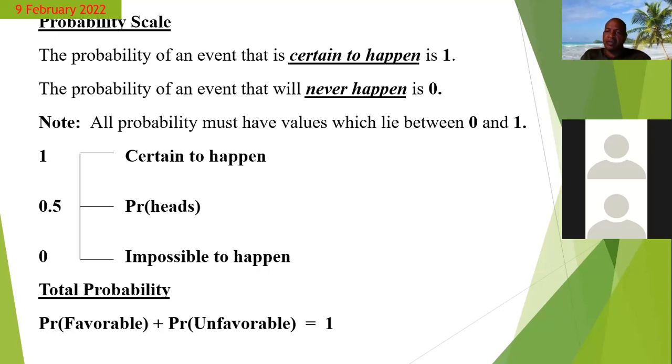And I'm saying to you that suppose you're in favor of Julie, what would be the probability of you getting a Julie from the bag? And what would be the probability of not getting a Julie from the bag? So that's all I'm saying. The probability of getting the Julie, sir, would have been 4 out of 10, and not getting the Julie would have been 6 out of 10, sir.